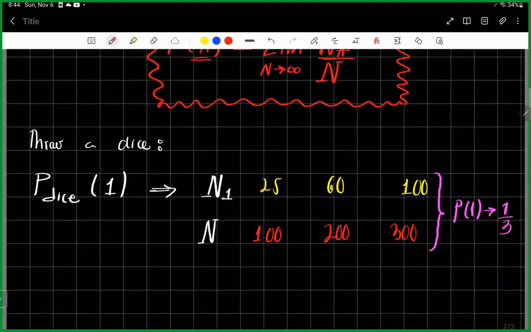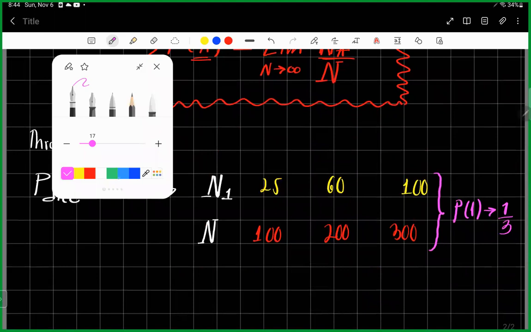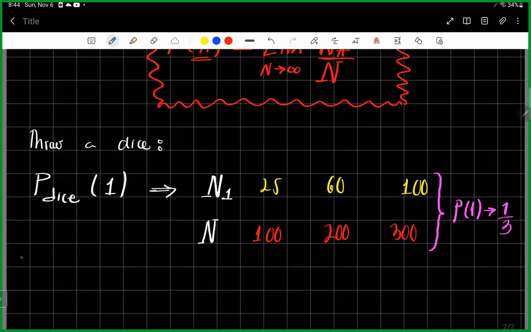There is another way which is more theoretical, which is called subjective probability. From the perspective of subjective probability, this is the theoretical side.